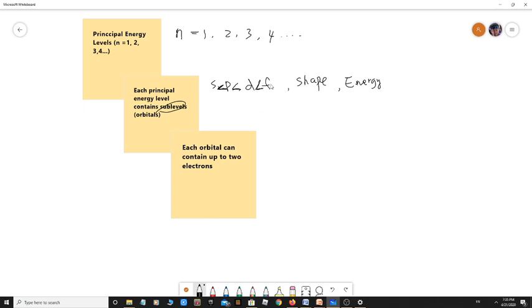Again, we're talking about within the same n value here. Size-wise, since they are in different shapes, it's hard to compare whether they are bigger or smaller than the other ones, but obviously they all have different sizes. And the most important thing is the number of orbitals.